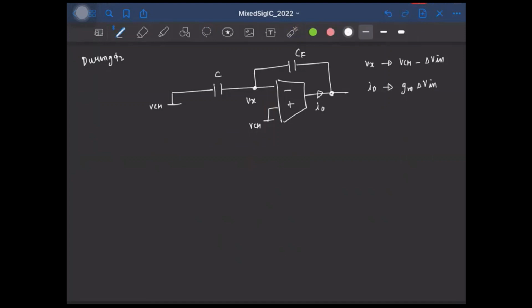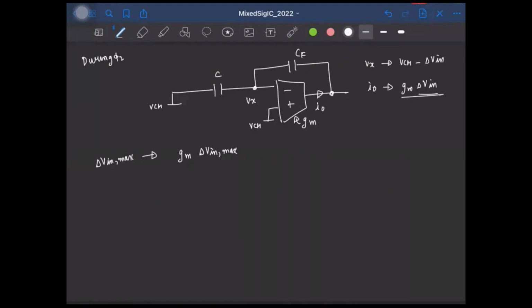Okay, so which means depending on the sign of delta V, the maximum current that needs to be pushed or pulled out of this Gm must be this guy, right? So if the maximum voltage is some delta V max, the maximum current that the Gm must be able to sink or source should be Gm times delta Vin max. Okay, where Gm is the transconductance of this OTA.